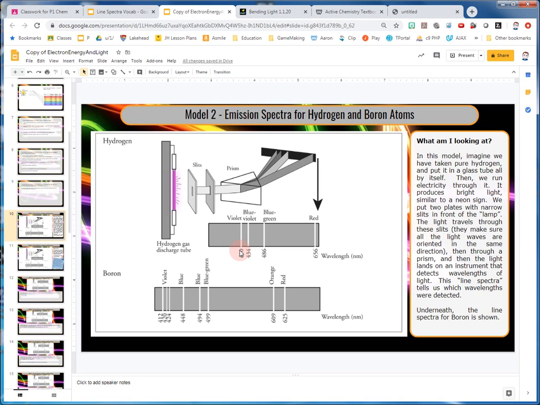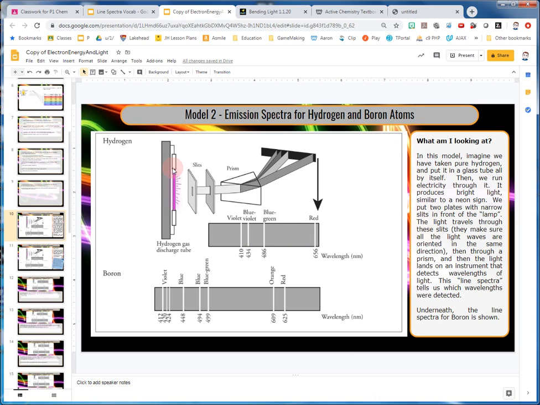Only a little bit of light at 410 nanometers, a little bit of light at 434 nanometers, a little bit of light at 486, and a little bit of light at 656. I shouldn't say a little bit of light. It's probably lots of light. But, you know, it's only coming out here. There's no light coming out at 600 nanometers. There's no light coming out at 658 nanometers. There's no light coming out at 666 nanometers. It's just these four.